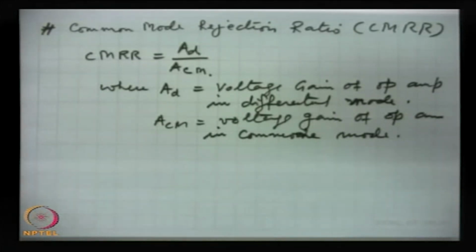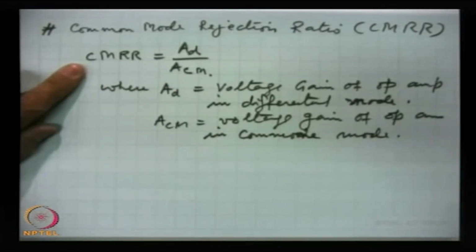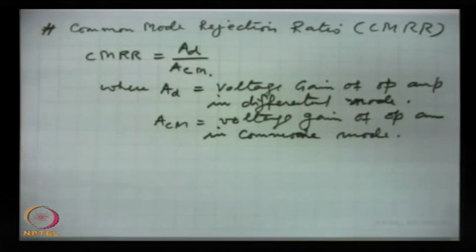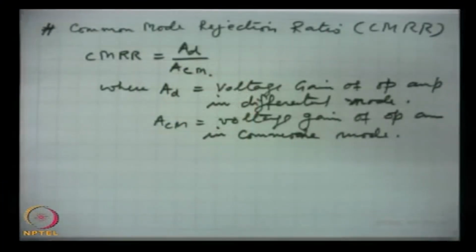Ideally, this is supposed to be 0, giving this common mode rejection ratio as infinitely high, but in practice that voltage will not be 0, but still it is very small, and this common mode rejection ratio is measured in decibels, and normally 70 to 80 or even higher CMRR values are there for op amps.